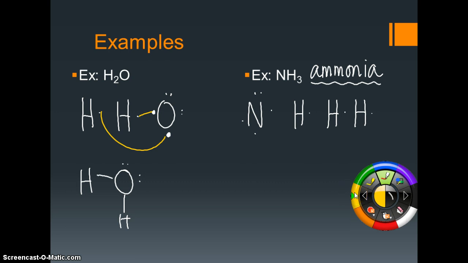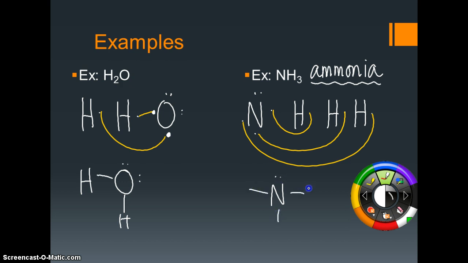So nitrogen has these 3 free, so we can pair up one with each hydrogen. So we're going to put nitrogen in the middle because it has the most free valence electrons. Keep its lone pair on there. And then you have 1, 2, 3 hydrogens, each one attached with a single line.